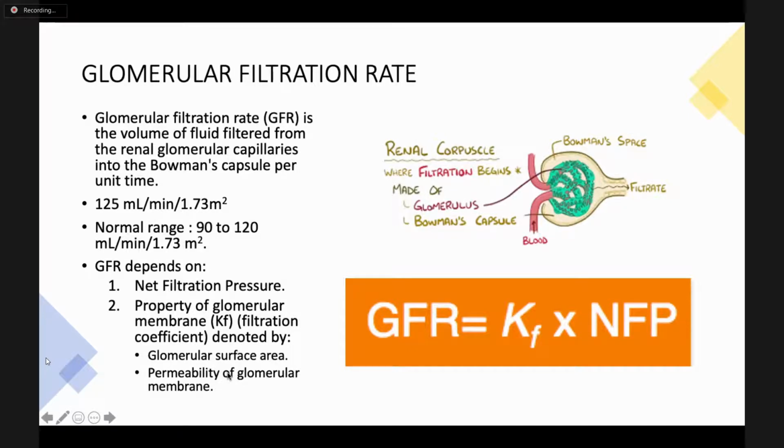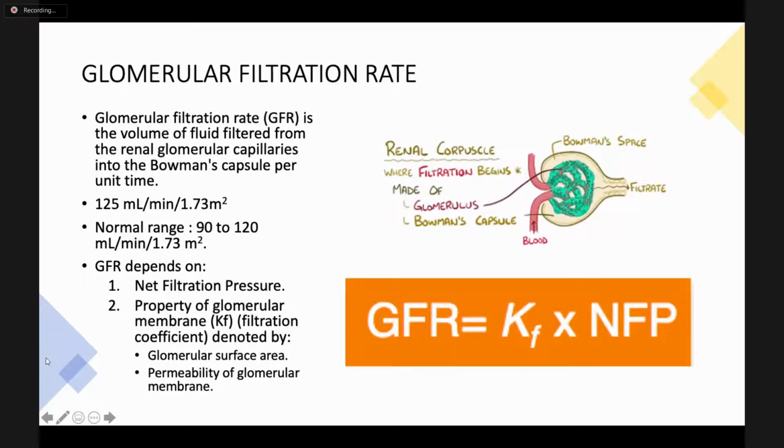Permeability sometimes involves loss of charge and things like that. So by right in a normal person, this one is not changed. But in disease, it can be changed, which is the glomerular surface area and also the permeability of the glomerular membrane. So these are the factors affecting glomerular filtration rate. So whenever the glomerular surface area decreases, of course GFR will be decreased and vice versa.